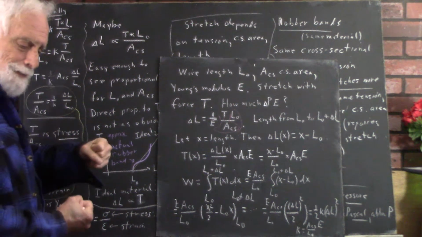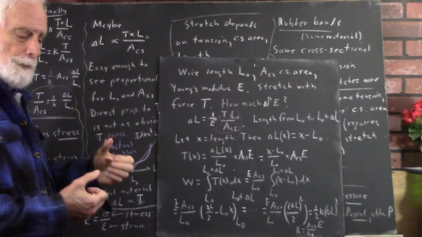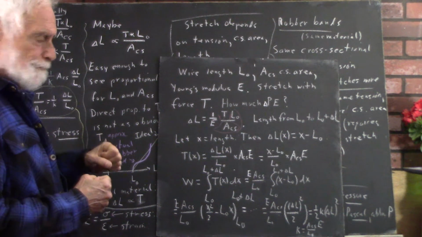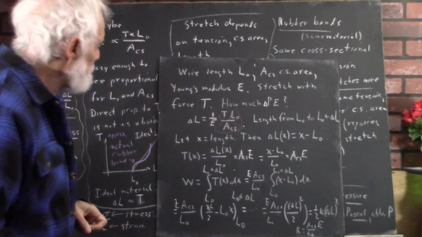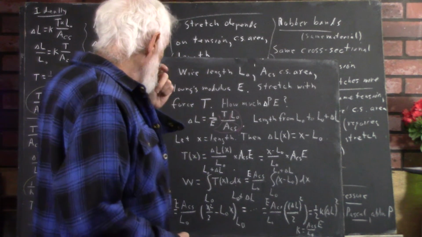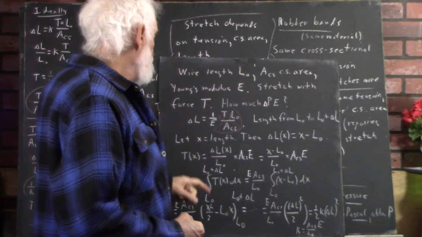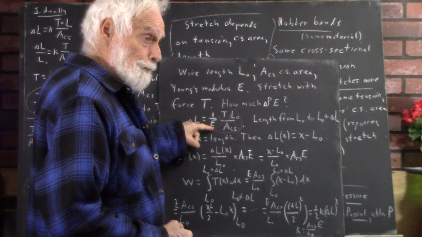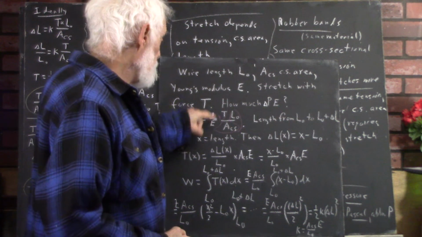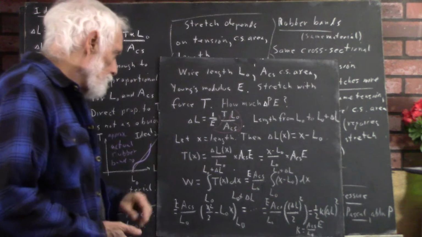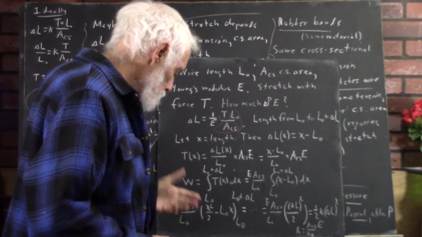That's the relationship that you would expect for a stiffer spring or a stiffer rubber band. So it makes a lot of sense that if you have a stiffer rubber band, you're going to get less delta L if E is bigger. E being in the denominator means if it's bigger, you're going to get less of this. So you want to sort that out. You want to think about that as you're working problems.